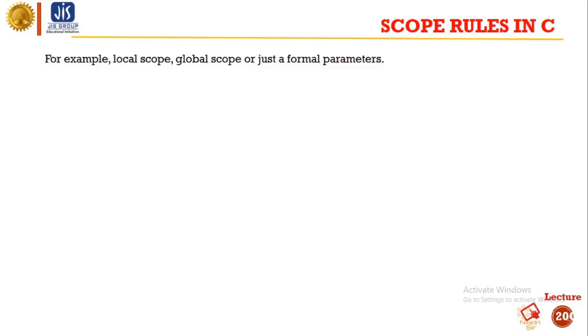The scope rules answer these questions. In fact, scope rules tell us if an entity is visible or accessible at certain places. Thus, the places where an entity can be accessed or is visible are referred to as the scope of that entity.